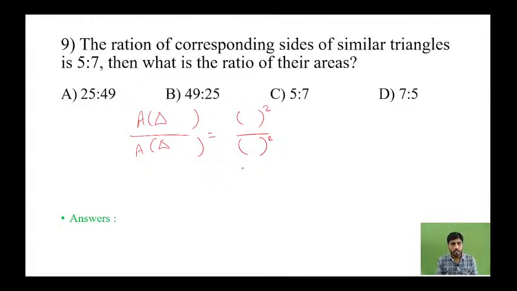So values are already given, that is 5:7. So we'll simply make the square of the ratio, which will be equal to 25 upon 49. So A is the correct option.